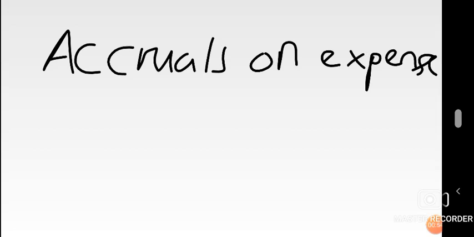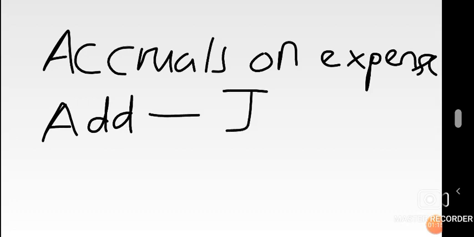Owings, accruals, it's one and the same thing. They just interchange that word. So for all accruals, the rule is that we should add them to the expenses that they are actually referring to.